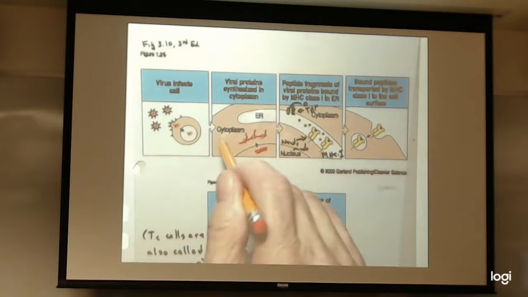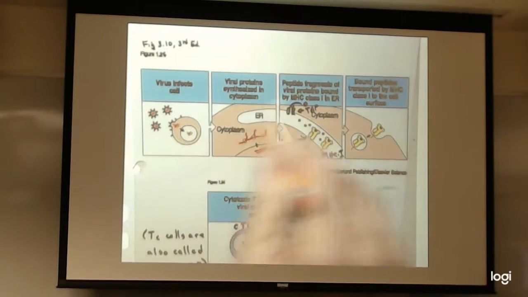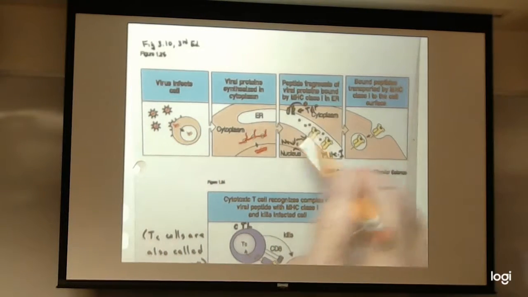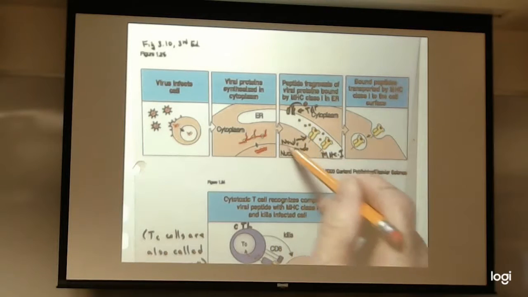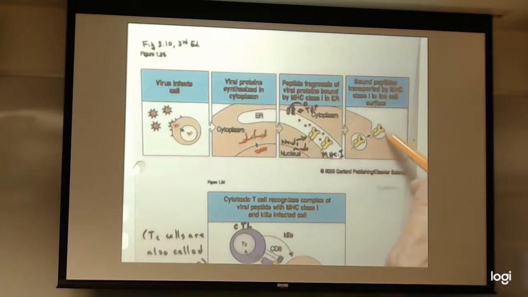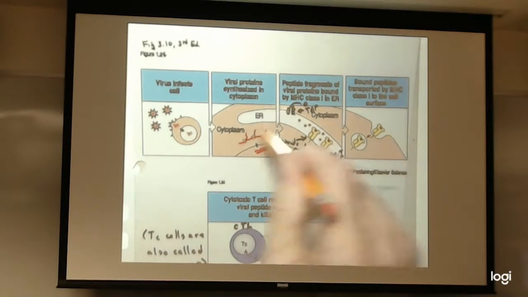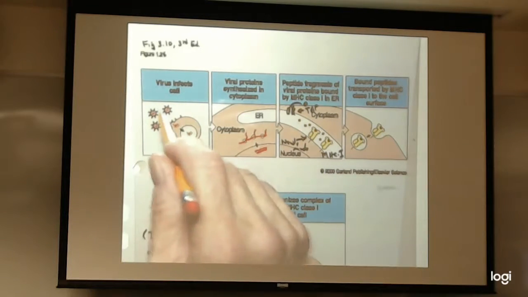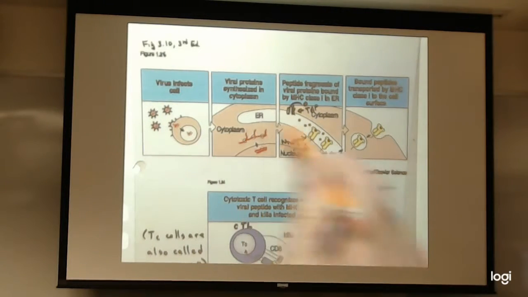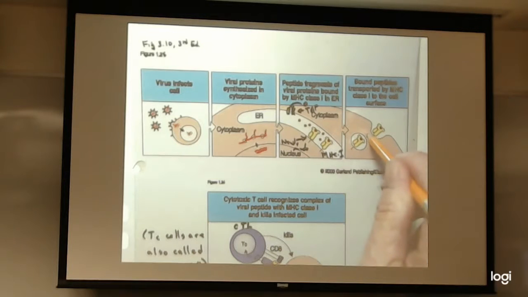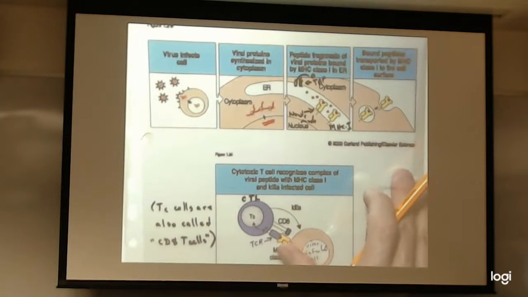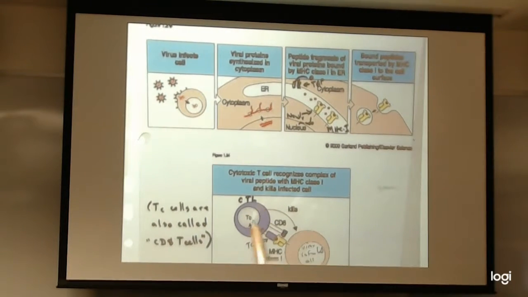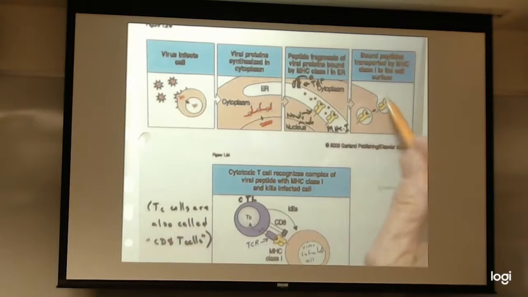They get chopped, sliced, loaded, and transported onto class 1 molecules that then go by chemical trafficking and present these peptides that came from intracellular proteins from virus infections. Okay? MHC1 proteins are all about dealing with virus infections. And then killer T cells can recognize these forms of class 1.